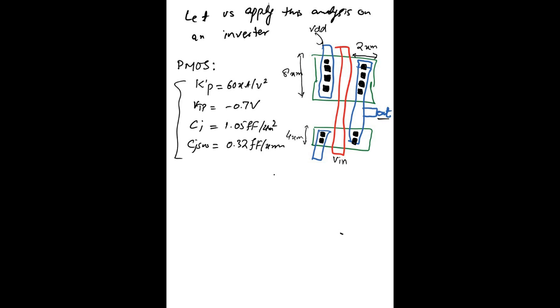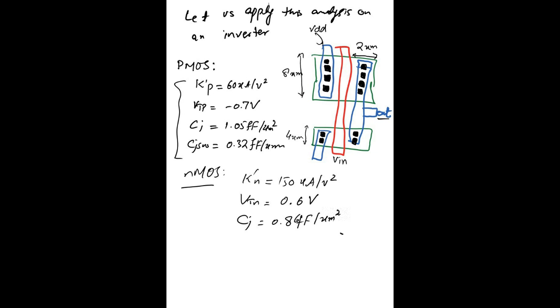Then we have a few parameters for our NMOS. We have K bar N, which is equal to 150 microampere per volt square. We have VTN, which is equal to 0.6 volts. Then we have CJ, which is equal to 0.86 femtofarad per micrometer square.